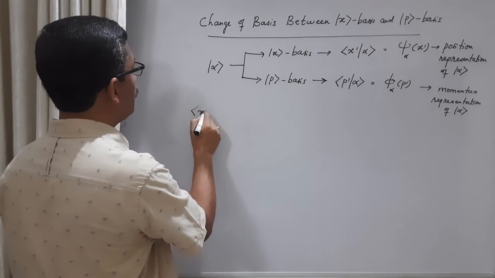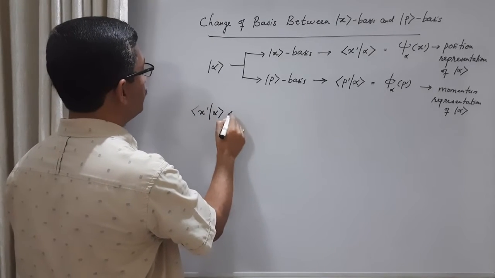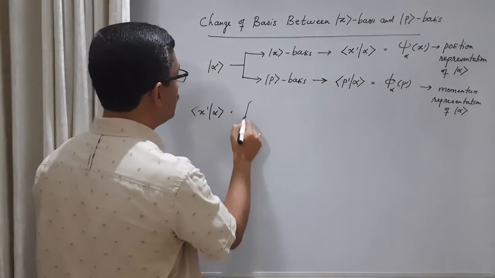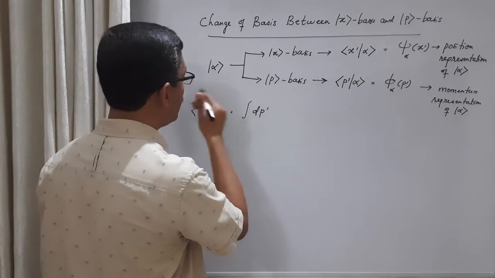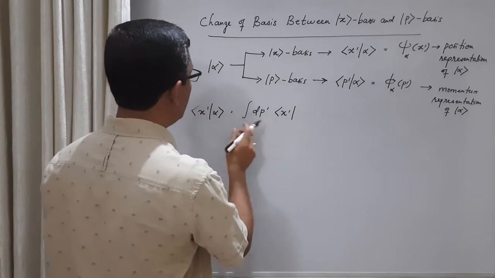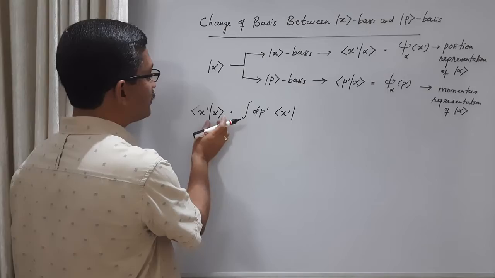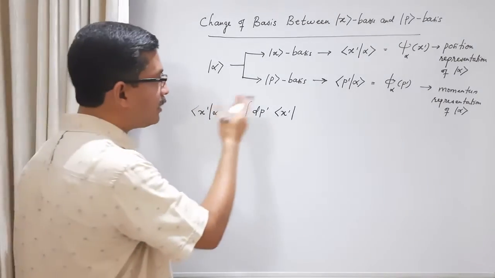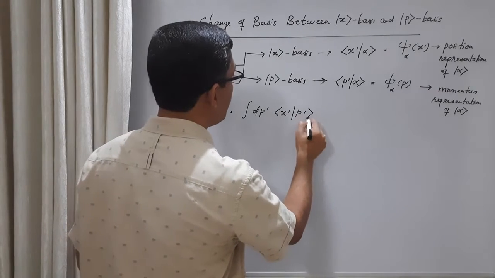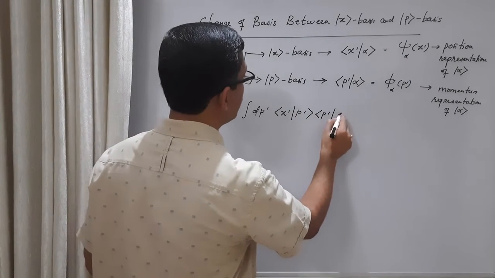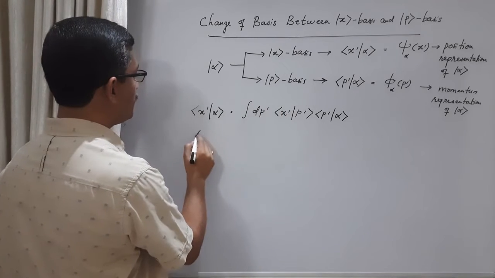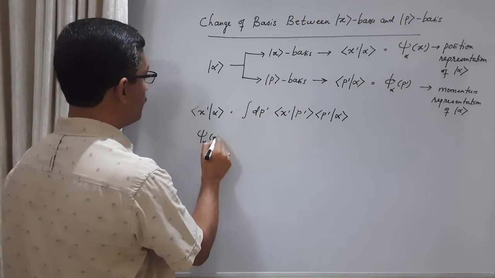This <x'|alpha>, I can expand in terms of momentum basis like this: integral over p prime. The bra x prime is here, and in between bra x prime and ket alpha I am introducing identity, the completeness of momentum basis. So we have <x'|p'><p'|alpha>.